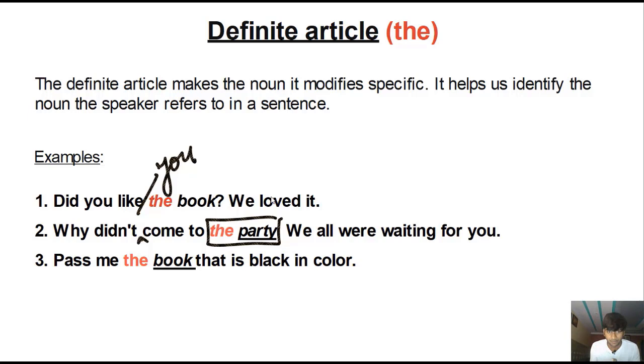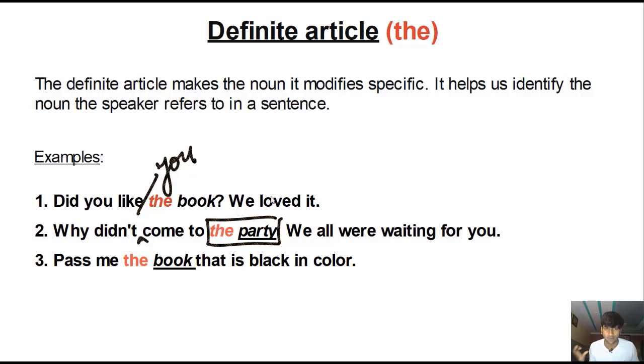Let's suppose you were not invited to the party. You don't know about any party. You don't even know whether there was any party or not. In this case, if I say, why didn't you come to the party, or were you invited to the party, this is an incorrect usage of the word, because you don't know which party I'm talking about.